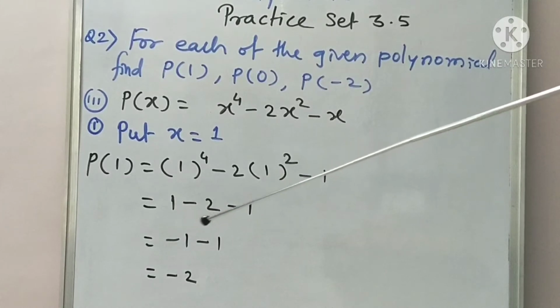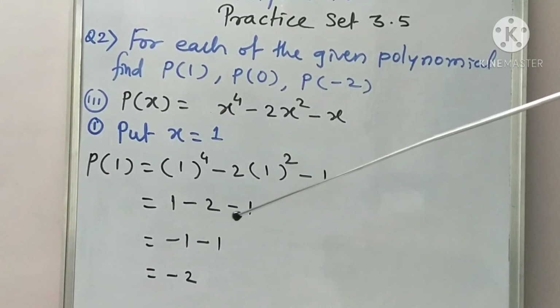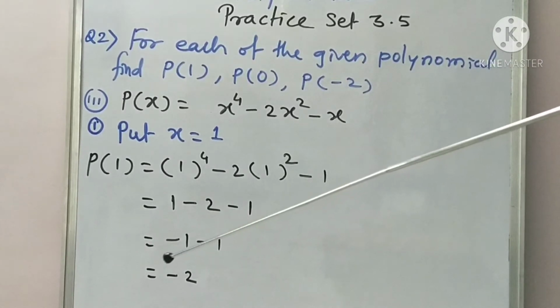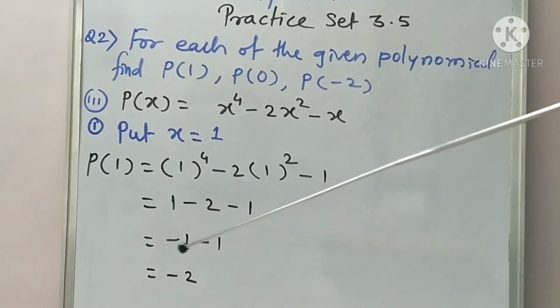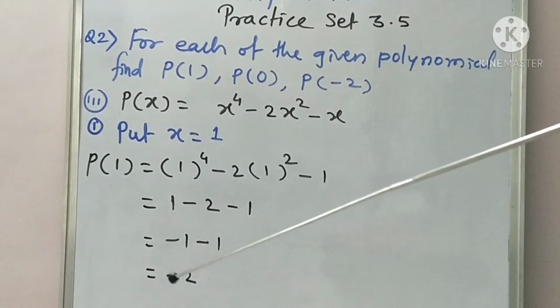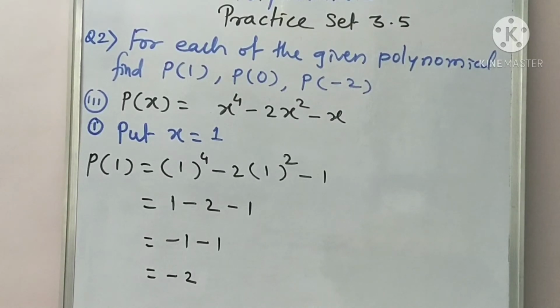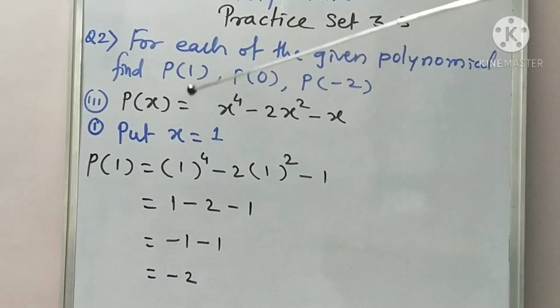So 1 minus 2, we subtract as minus 1, and the last term is again minus 1. So here we have the same sign, and for the same sign we do addition and keep the sign, so the answer is minus 2. This means the value of the given polynomial for x equal to 1 is minus 2.